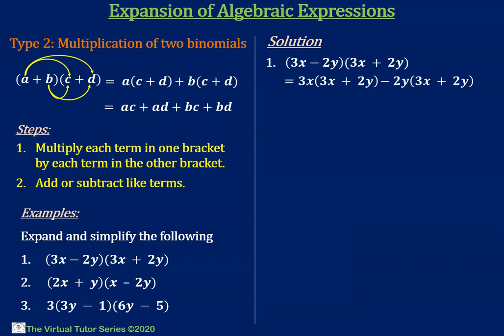So we have 3x times 3x to be 9x squared and 3x times 2y to be 6xy. Again, negative 2y times 3x is negative 6xy and negative 2y times 2y is negative 4y squared.